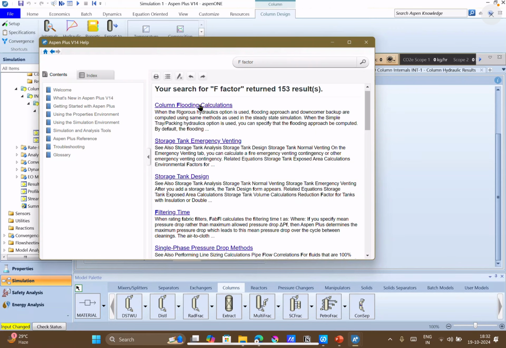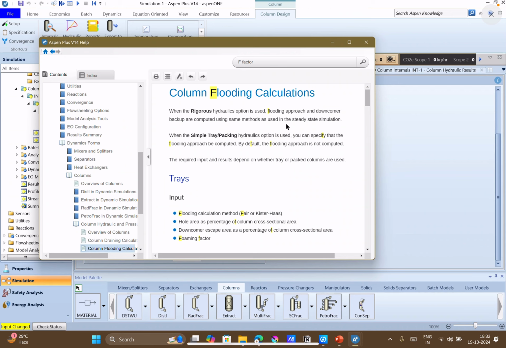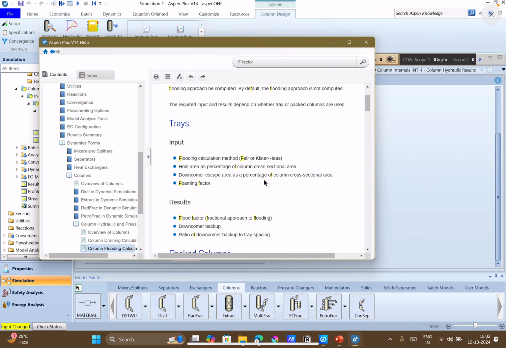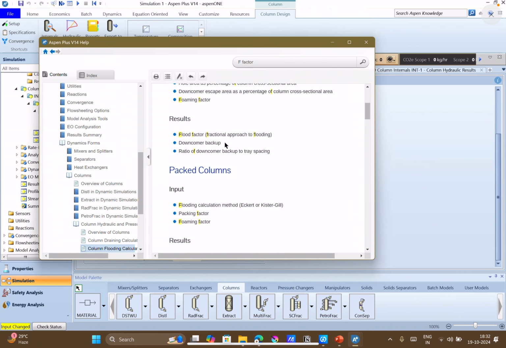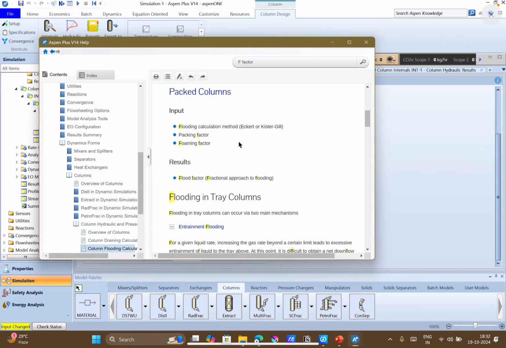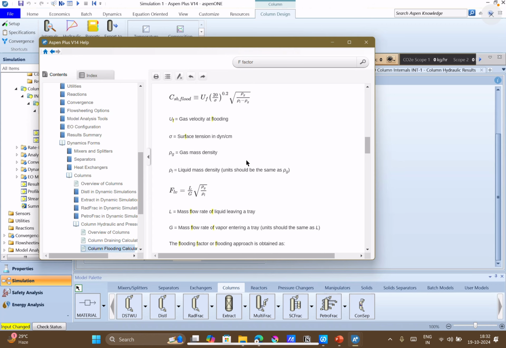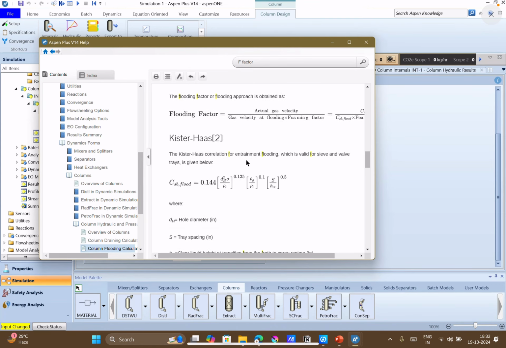Using same method, when simple tray packing hydraulic option is selected, you can specify that the flooding approach be computed. Yeah, so this F factor is a flooding factor that we have to change.